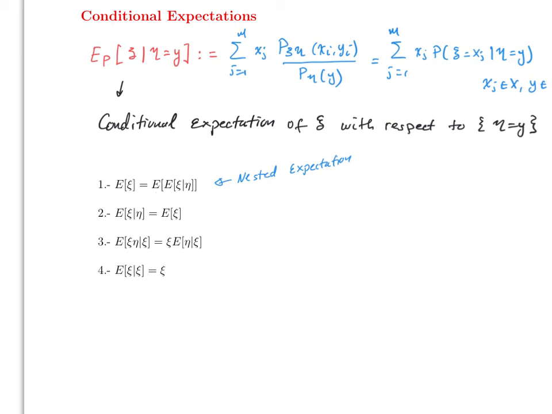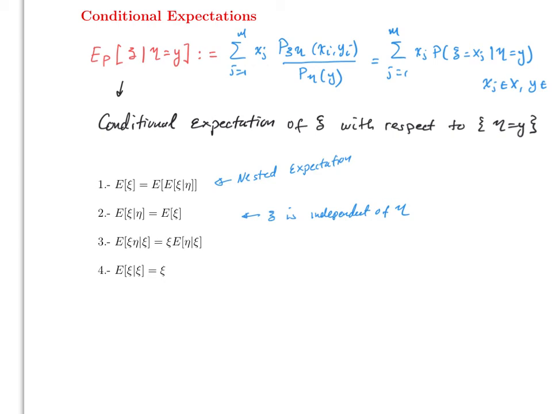The second one says the following: if K is independent of nu, then the expected value of K given nu should be just equal to the expected value of K, which makes sense. Number 3 has to do with the measurable stuff that I talked about at the beginning.